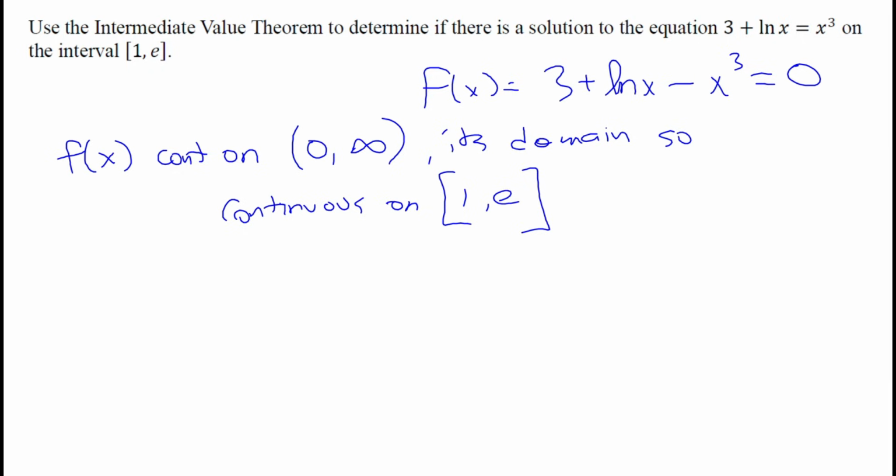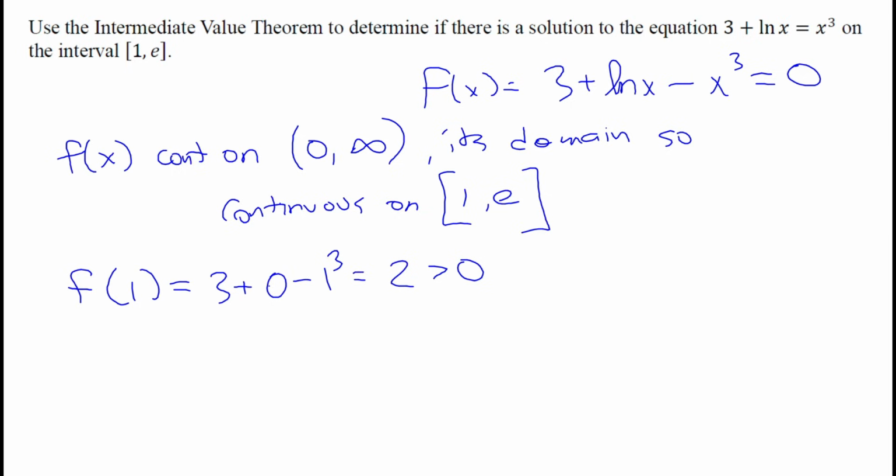Then we'll find f of 1. F of 1 is 3 plus the natural log of 1, which is 0. So 3 plus 0 minus 1 cubed, which is 2. So clearly a positive number, right?